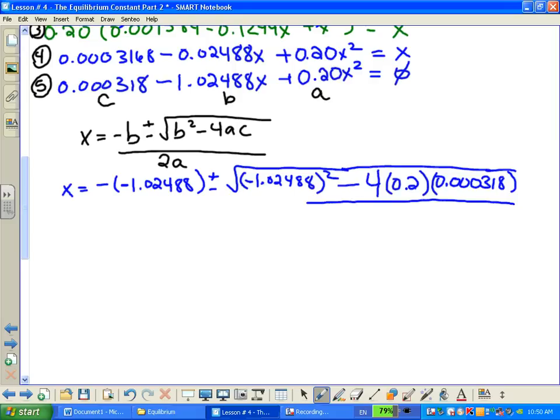We're going to take that whole thing and we're going to divide it by 2 times 0.2.